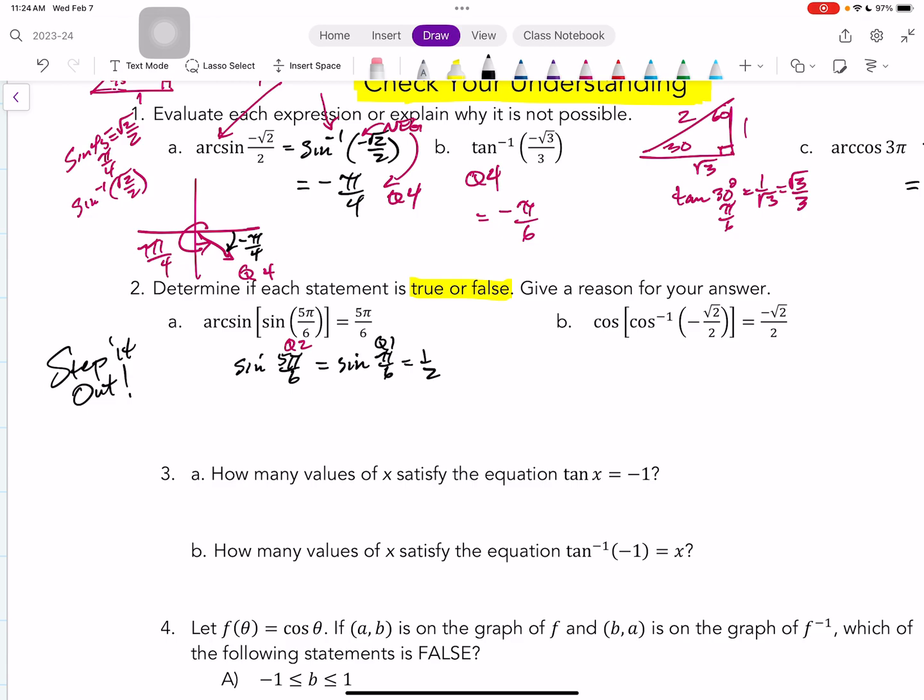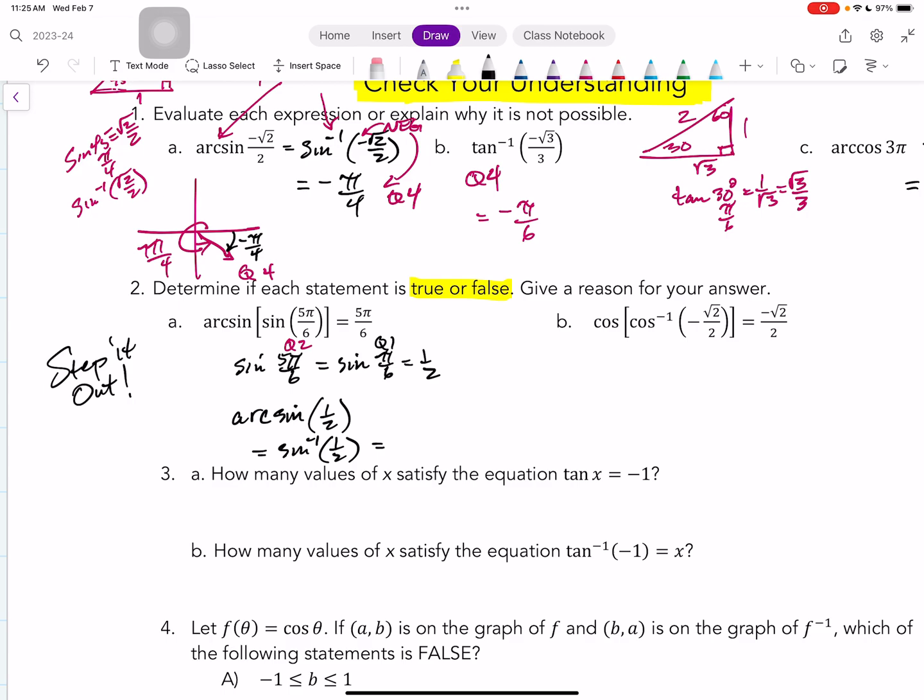That's step 1. We start on the inside and evaluate the interior function, and now we take the arc sine of the result, which is 1/2. So step 2, we take the arc sine, or the inverse sine, of our ratio. Remember, this is the same as the inverse sine of 1/2. What is that?